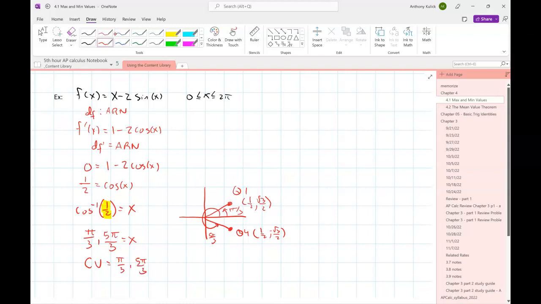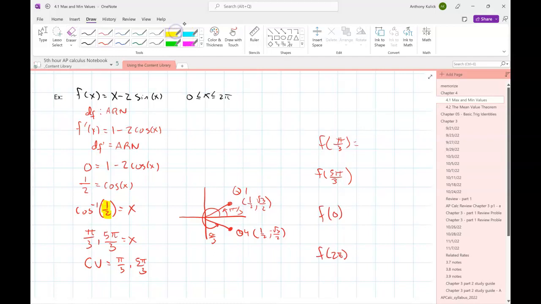Okay, so I definitely need to do f of π/3, and then f of 5π/3. And then we also need to do the endpoints, so f of 0 and f of 2π.